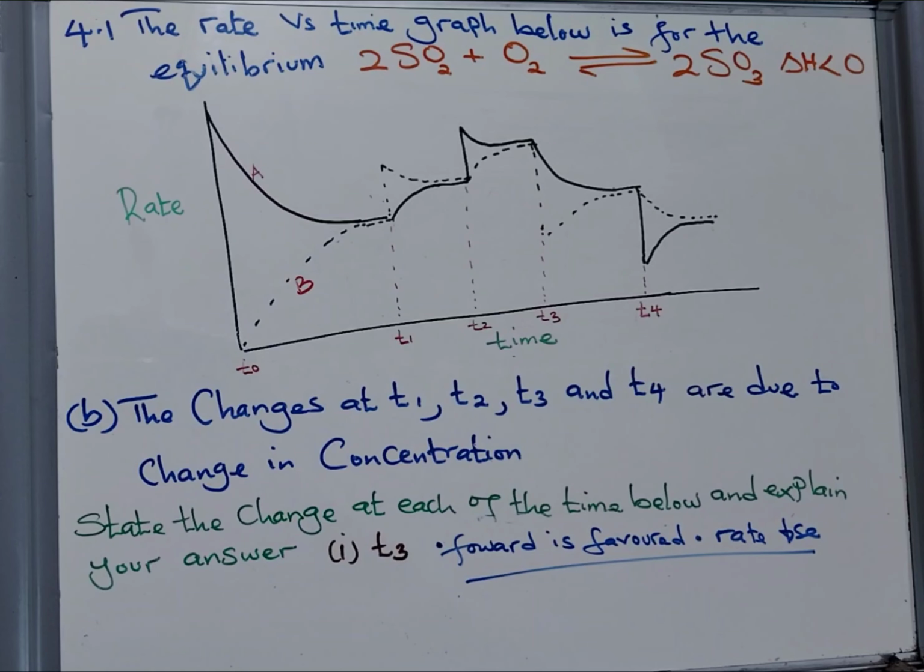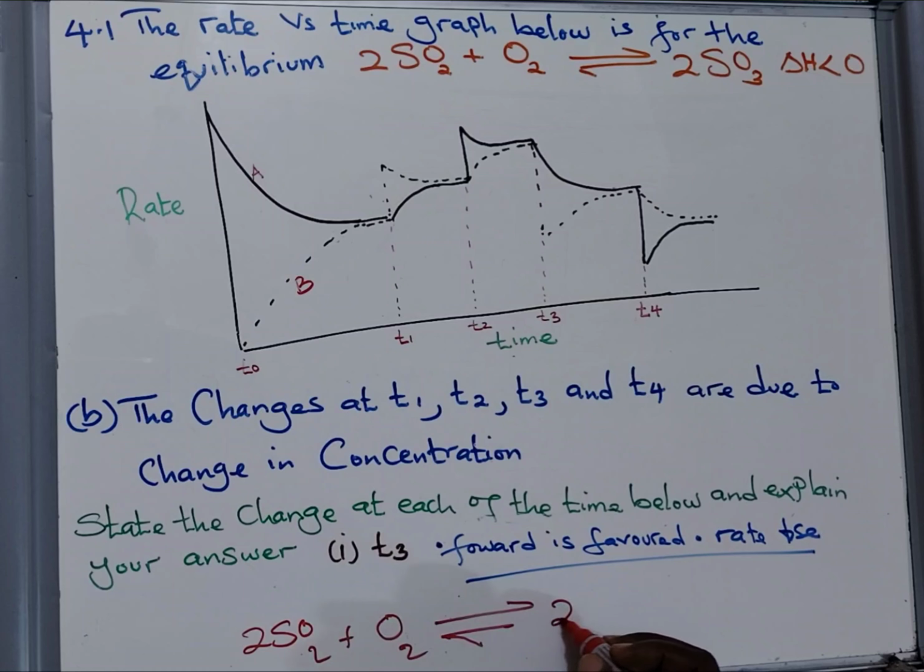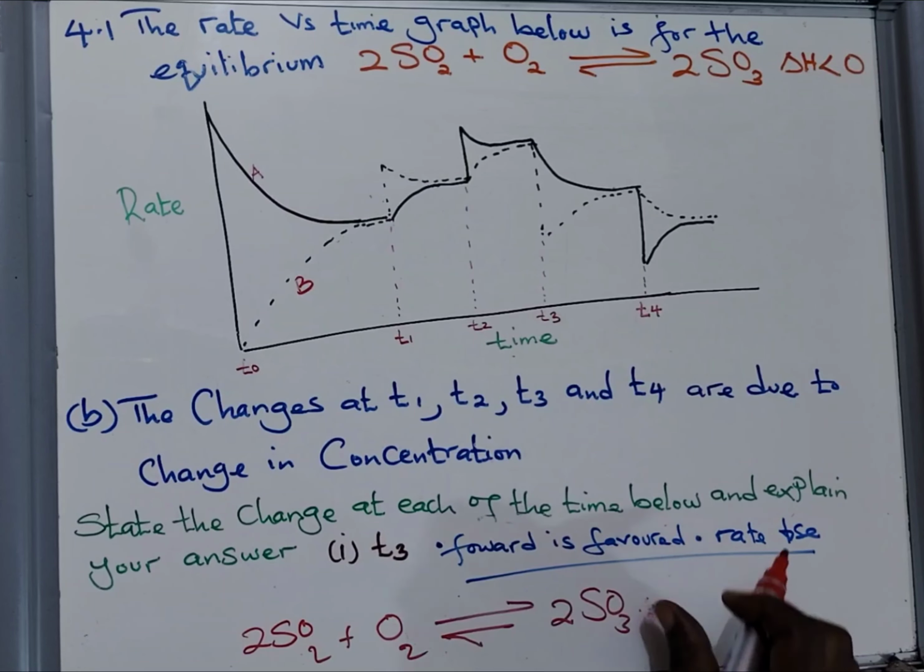Okay. So when you analyze these two, forward favored, rate decrease, it requires you to have the equilibrium. Let us look at the equilibrium. It's 2SO2 plus O2 giving you 2SO3. Okay, that's the equilibrium we are having. And in this equilibrium, we are looking at withdrawal.